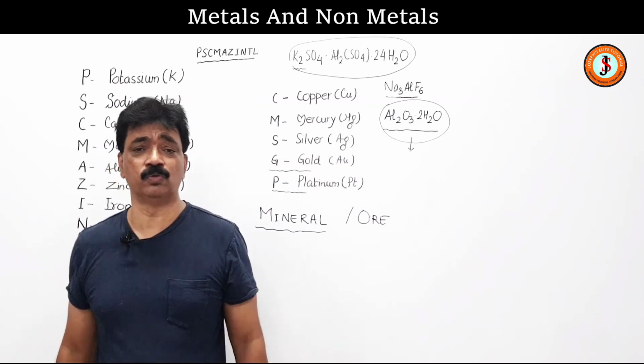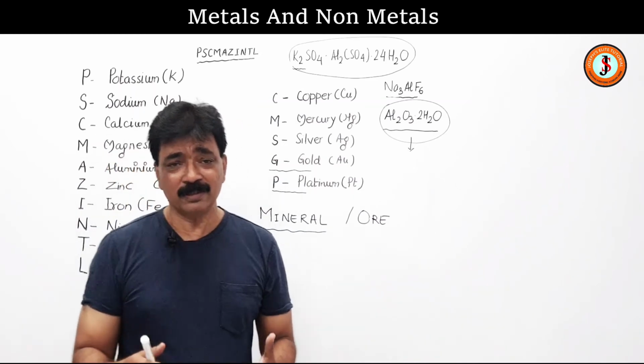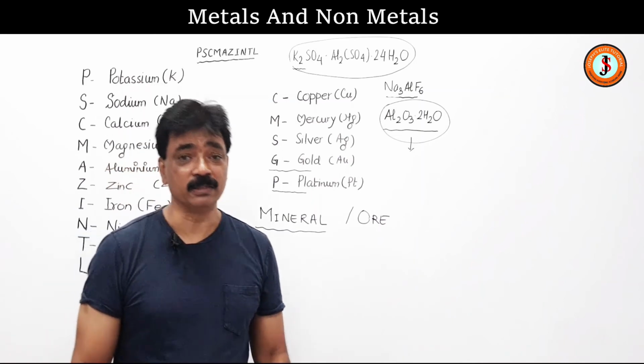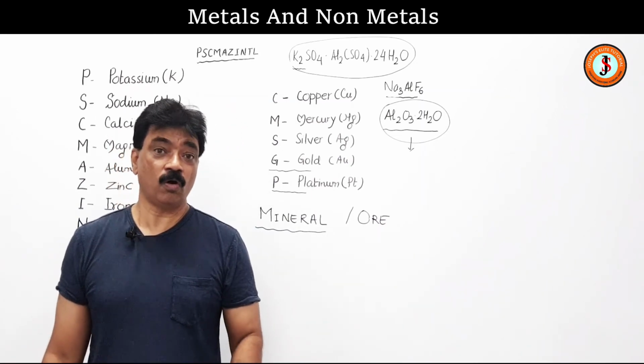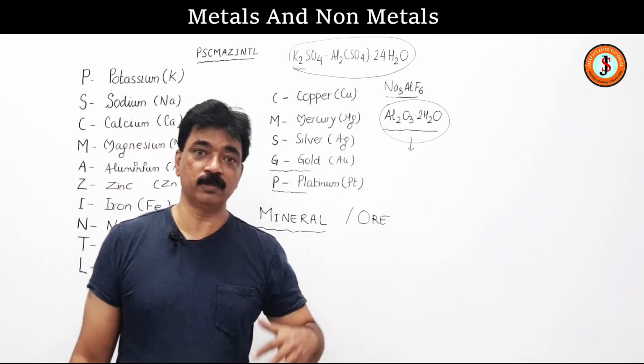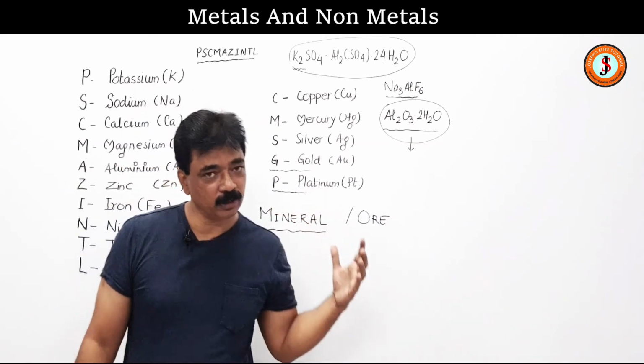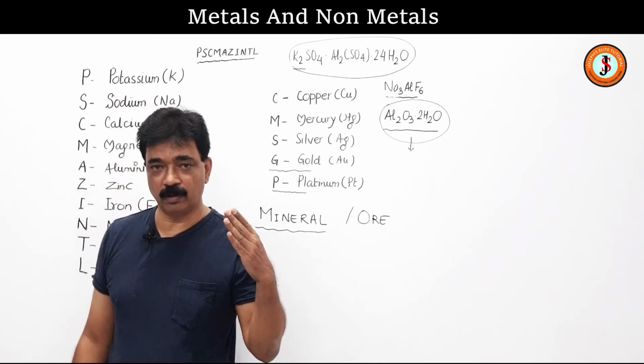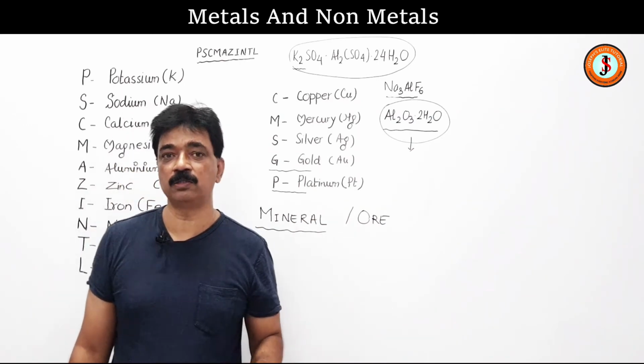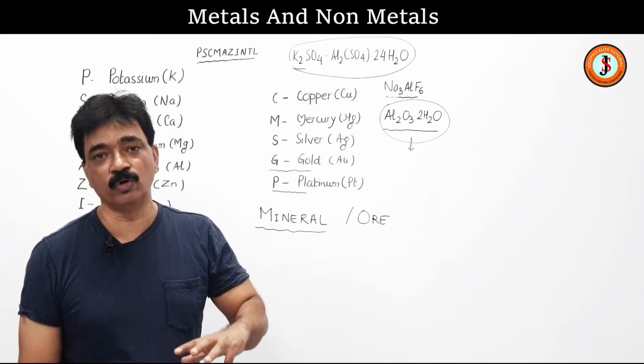Or ores are those minerals from which we actually extract metals. So all ores are minerals, but all minerals are not ores. This you have to understand, and you have to know the formulas of a lot of ores.